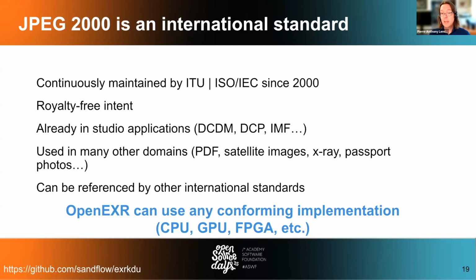You can use any conforming JPEG 2000 implementation. Today OpenEXR uses OpenJPH, an open source library, by default, but you might have your own favorite J2K library, Kakadu or Comprimato, or maybe your own, and you can just plug in and replace OpenJPH with your own implementation, and it will work out of the box because, again, JPEG 2000 is a standard.